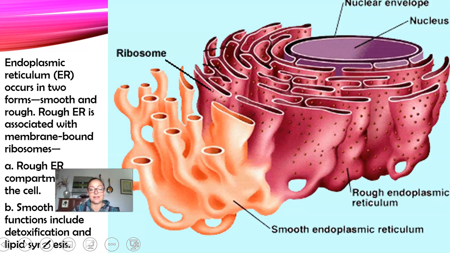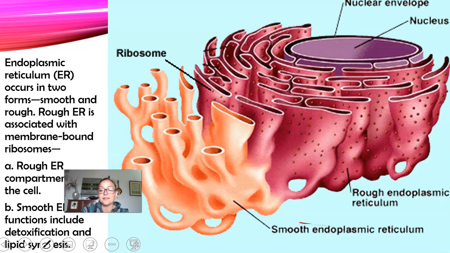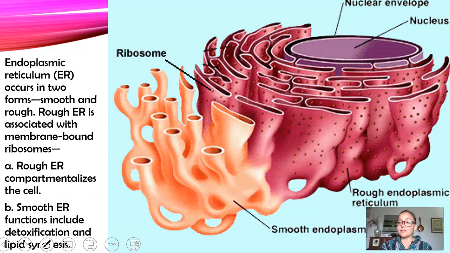When we look at ribosomes, that connects us to our rough ER and a conversation about rough and smooth ER. Here on the rough ER, you can see that there are ribosomes located there. The ribosomes you find on the rough ER are part of the endomembrane system, where any proteins that will become part of the cell membrane or be exported, sent out of the cell by exocytosis, will be made on those bound ribosomes.